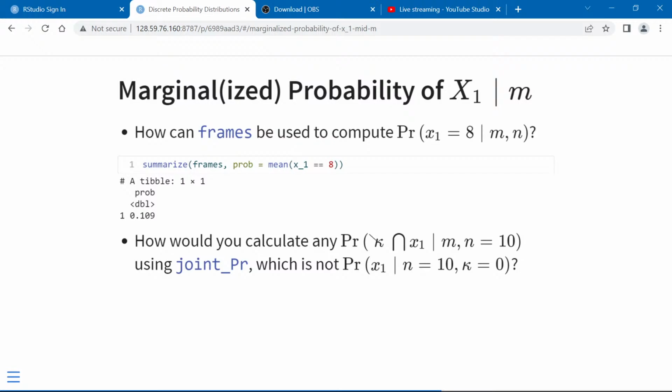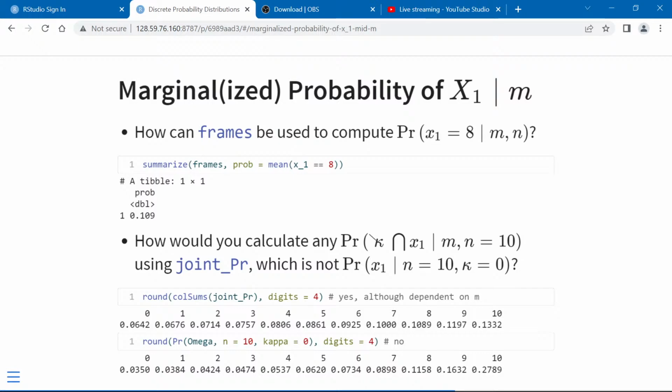Now we want the probability of knocking down x1 pins irrespective of kappa, regardless of kappa. Marginalized over kappa. How would we do that the ancient way, using our 1,000 by 8 table of joint probabilities between kappa and x1? Sum those 1,000 values in the column marked 8, or any other column that we might want to know the marginal probability of. In this case, we get 0.1089, essentially the same answer that we got from our simulations.